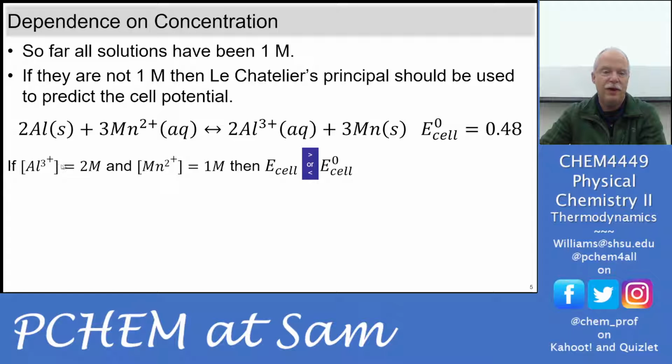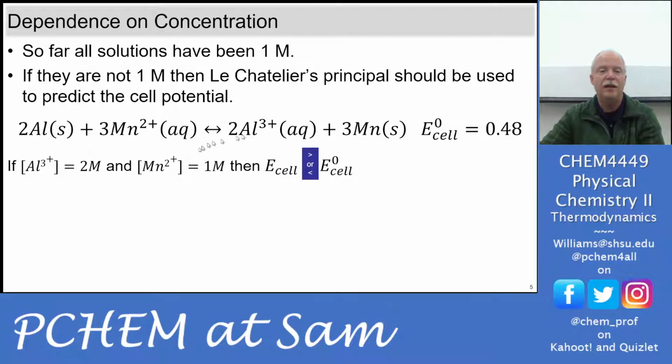So if this standard cell, 0.48 volts, is for 1 molar manganese and 1 molar aluminum ions, and we have 2 molar aluminum ions and 1 molar manganese, then is the actual cell greater than or less than the standard cell? So look at the reaction. Which one is not 1 molar?